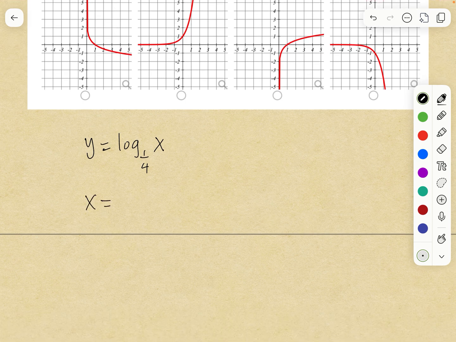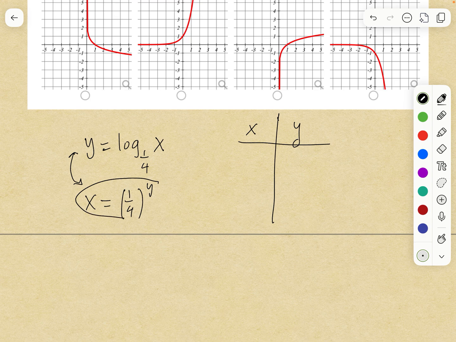So we get x is 1/4 to the y power. So these two equations are equivalent, right? The x's and y's that satisfy one of the equations satisfy the other one. So we can work with either one. And I think that the second one is a little easier to work with. So let's work with this.